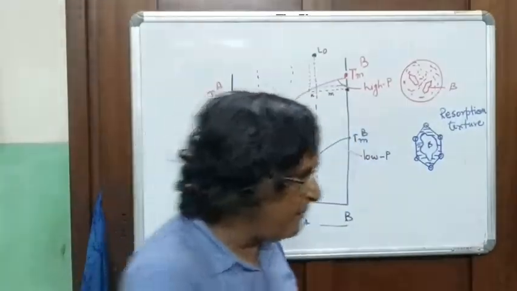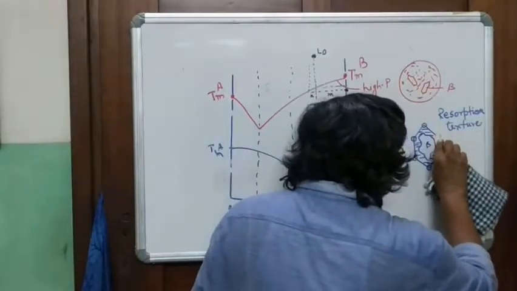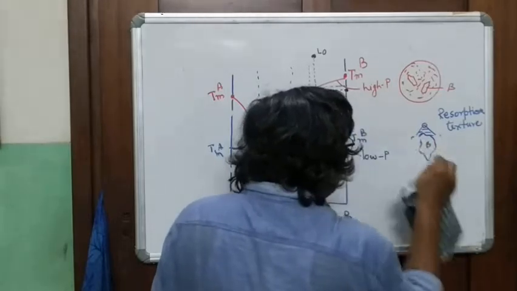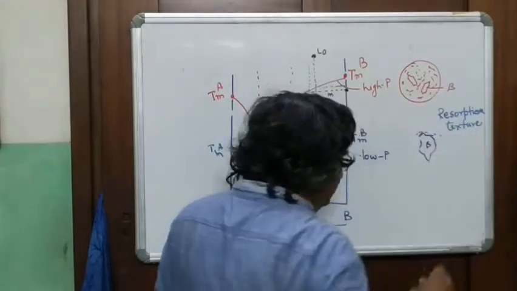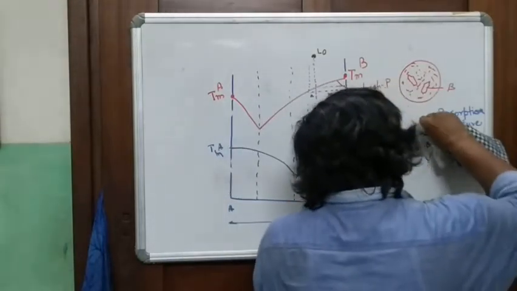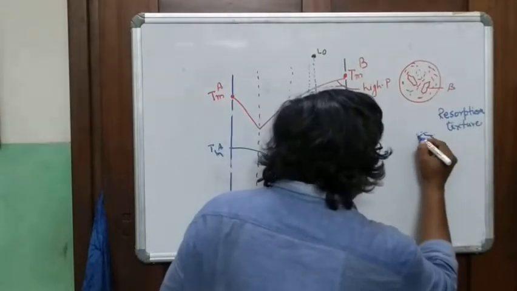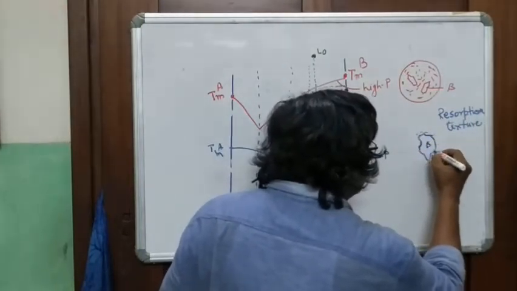And a part of the melt and part of the B would remain. And so your grain shape now will be something like this.